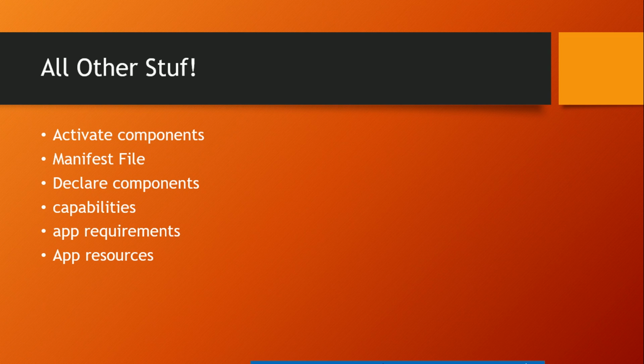Capabilities. We have seen how we can declare the components. Now, what are the capabilities for declaring the components? As we discussed above in activating components, we were talking about intents. So you can use an intent to start activities, services, and broadcast receivers. You can use an intent by explicitly naming the target component using the component class name in the intent.